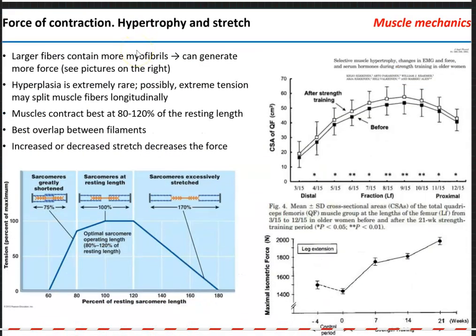Finally, which is super obvious, bigger units will produce stronger contractions. Because if you have larger fibers, I mean just simply bigger cells, it means that they have more myofibrils, which means they can generate more force.